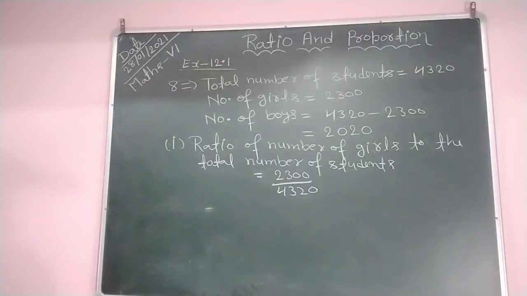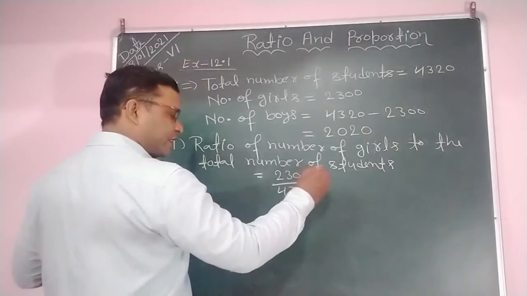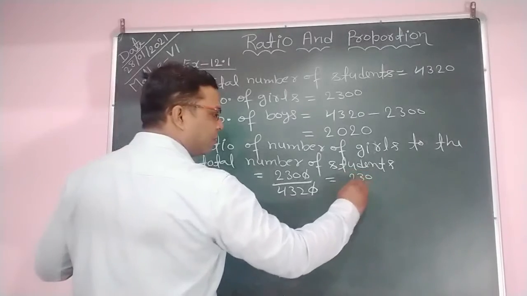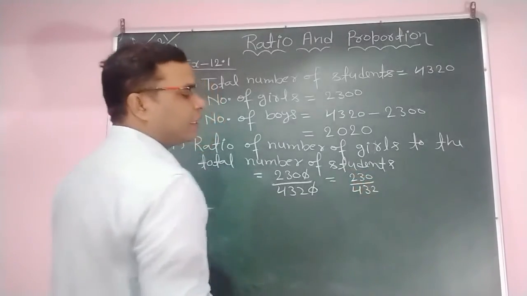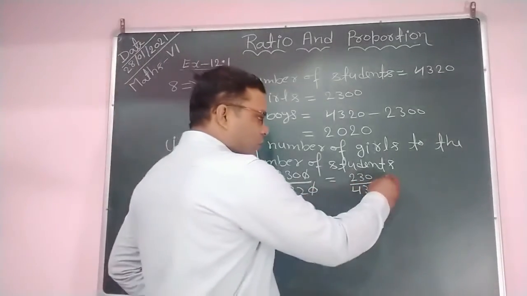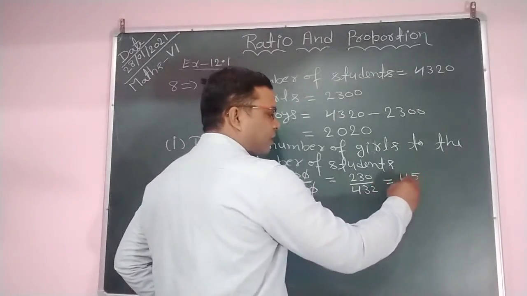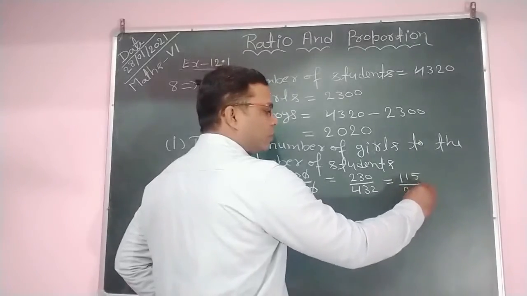Okay, so you can cancel the 0 by 0. Cancel the 0, then you get 230 by 432. Clear? Again you can cancel it by 2. If you cancel it by 2, 2 ones are 2, 2 fives are 10, and 2 twos are 4, 2 ones are 2.